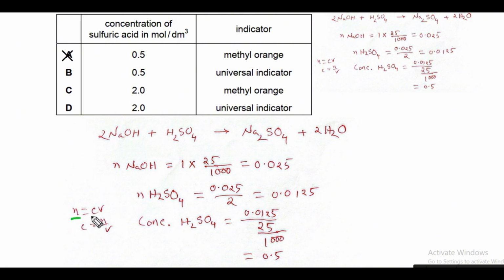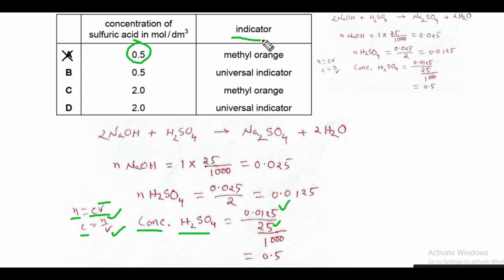Number of moles equals concentration times volume, so concentration of sulfuric acid is number of moles divided by volume. Volume is 25 cm³, so convert to dm³ by dividing by 1000. So 0.5 mol/dm³ is the concentration of sulfuric acid.